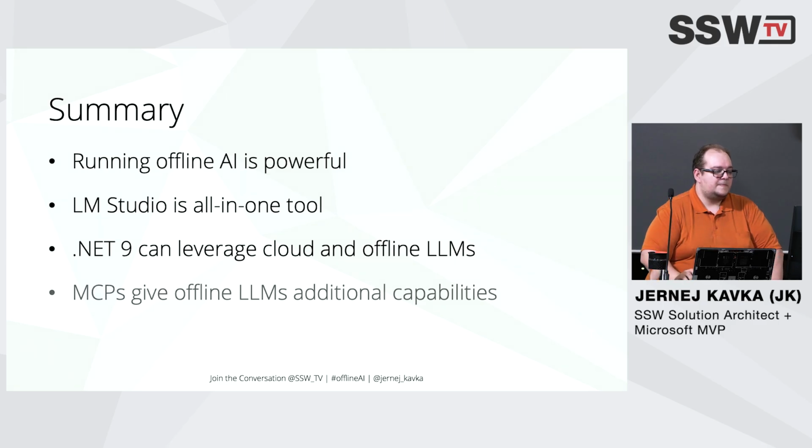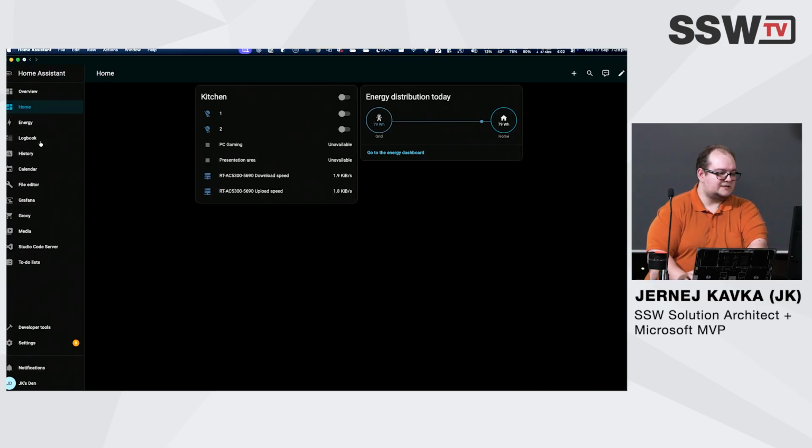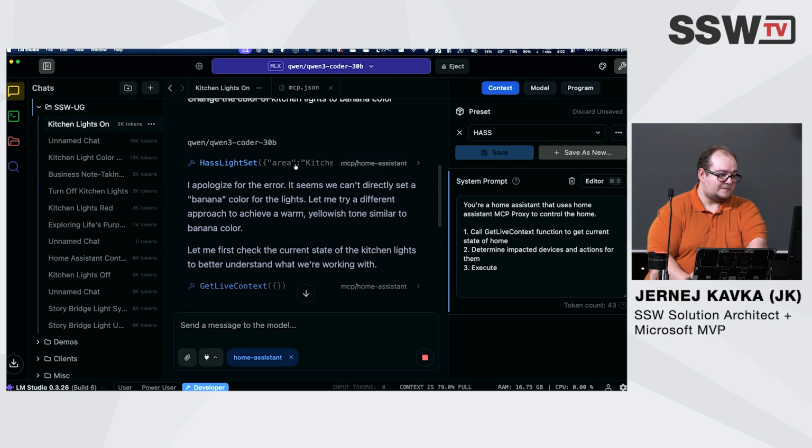They're really cool. And also MCPs is what gives the LLMs the capability to interact with everything that is outside them. Like the LLM here, LM Studio, is fully offline. This is running fully offline, but with MCP, they can get outside and actually connect to my home automation and then turn on the kitchen lights.